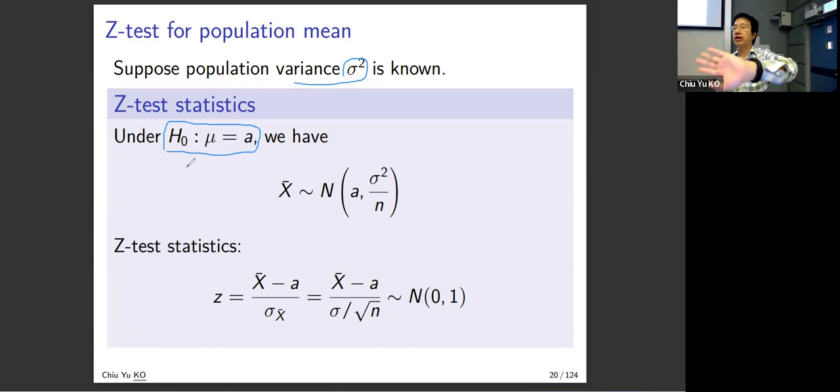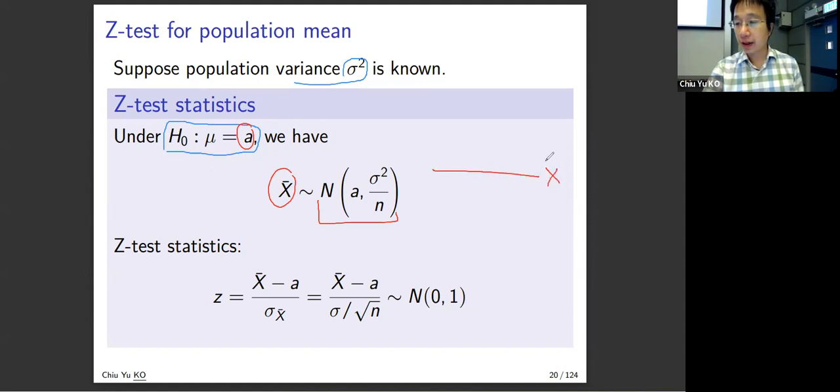Assume the defendant is innocent, and see if you have sufficient evidence, beyond reasonable doubt, that he's guilty. So the idea is we will have the sample mean following the bell curve. Assuming the null is true, what we know is the data we collect.